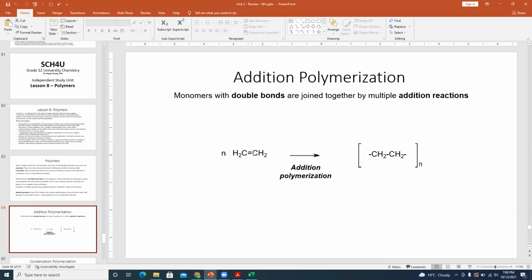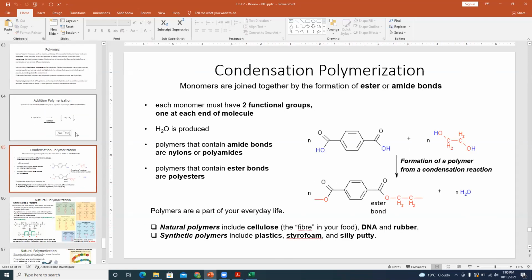So the double bond is broken, and instead it's linked to another CH2. So you can get a very long chain of CH2s, just CH2, CH2, CH2, CH2. You can have a long polymer of CH2s, for example, a very long hydrocarbon polymer.